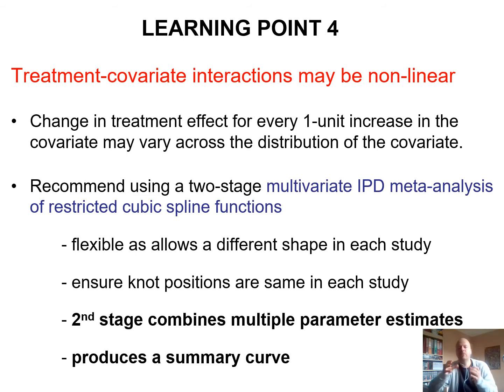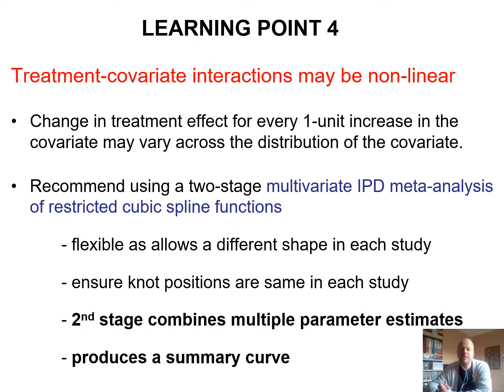How do we do this? Well, we need to model nonlinear relationships. So we could use polynomials or we could use splines. Personally, I prefer splines here. So this leads to, in a two-stage approach, us needing to do a multivariate meta-analysis. What I mean by that is that in the first stage, we now estimate multiple terms defining our spline function and its interaction with treatment effect.